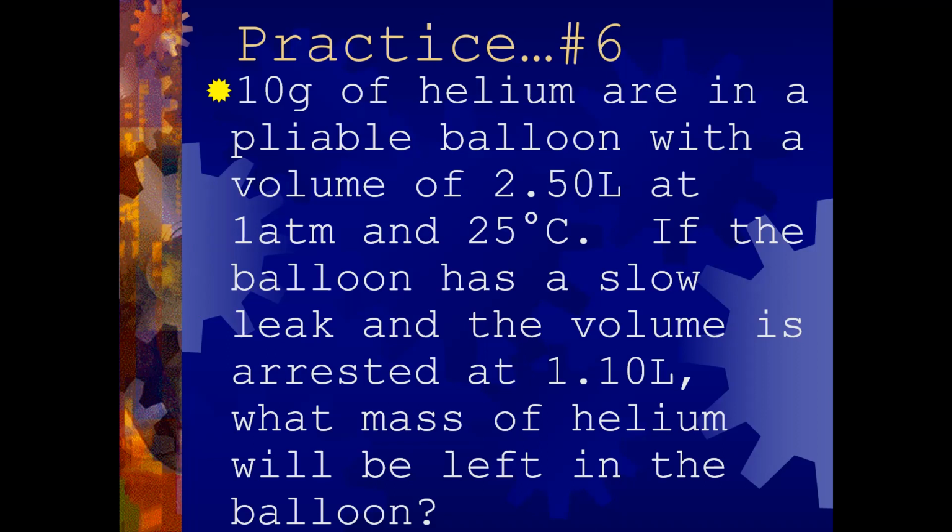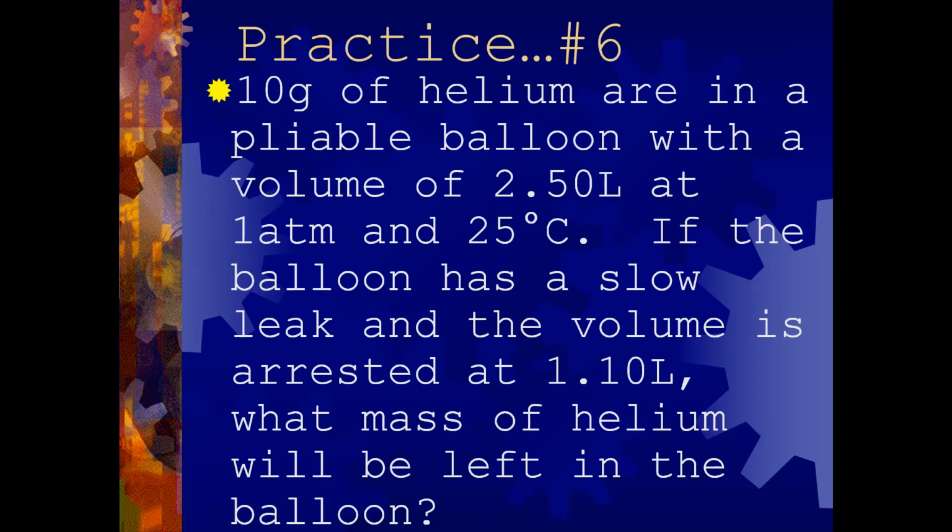We have constant pressure and temperature, it looks like. And we have volume that is reduced to 1.1 and it started at 2.5. Okay, so in this case, we need to write down the data that we have.